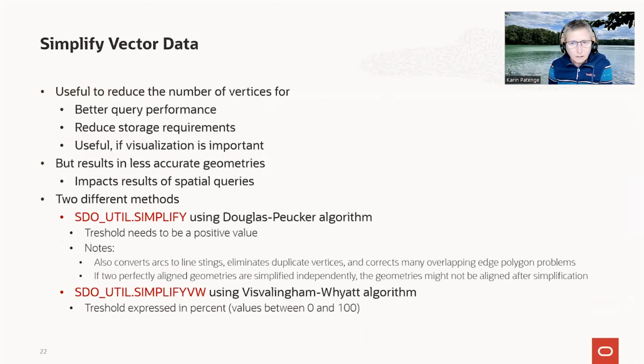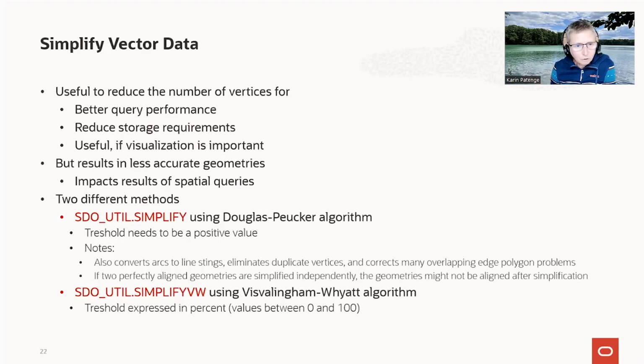Typically, when you have vector data or geometries with a large number of vertices, for visualization, this can take some time to store, to fetch the whole geometry and to display the geometry in your application.